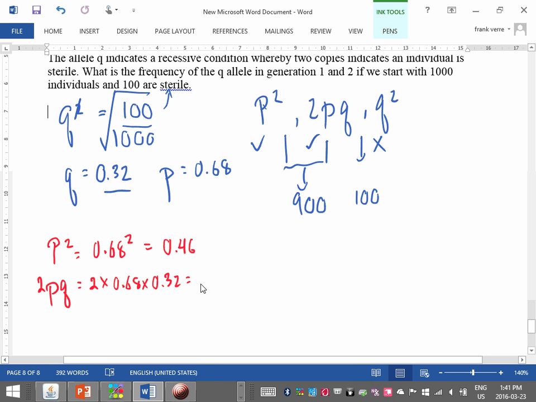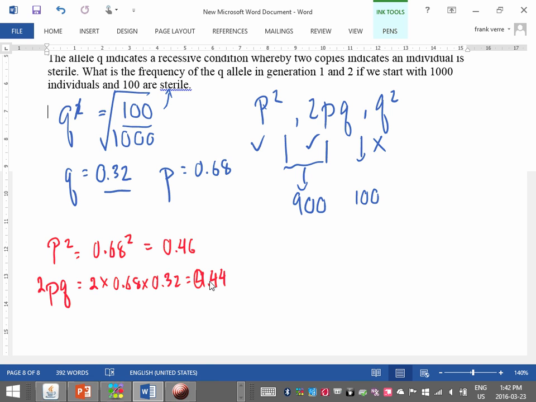Should be around 0.44. We already know that this is 46%, that's 44%, that's 90%. And that's the amount of the population that can breed, right? 900 out of 1,000 can breed, because 10% cannot in this case.